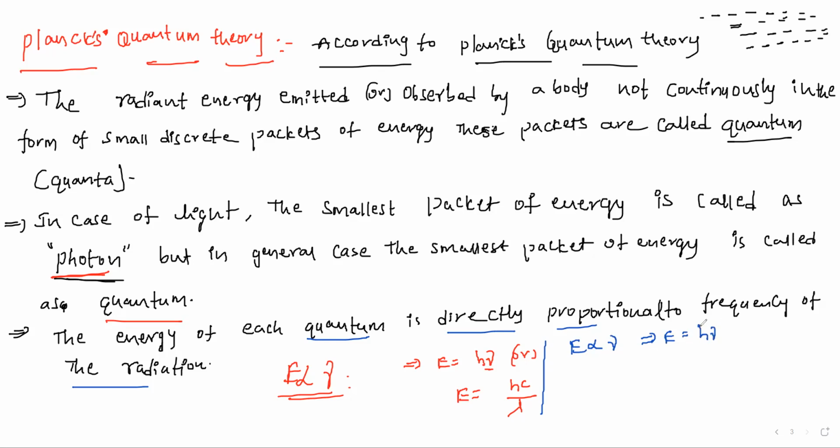I will give clarity about h. h is the proportionality constant. E equals h nu, and we know nu equals c by lambda, so instead of nu we can substitute that. Finally, the energy E equals h c by lambda. Is it clear up to here?